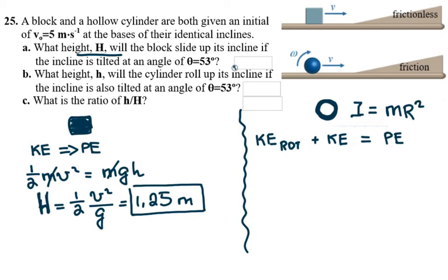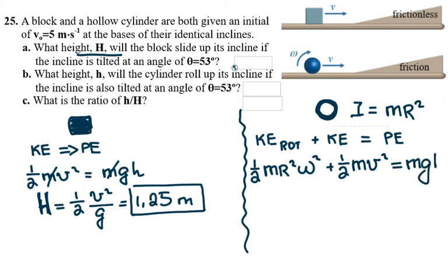So this is the capital H. So I'm going to plug in my equation. The rotational kinetic energy is 1/2 I omega squared, where I is mr squared, and the kinetic energy of the motion is 1/2 mv squared, and that equals the potential energy, which is mg and lowercase h.